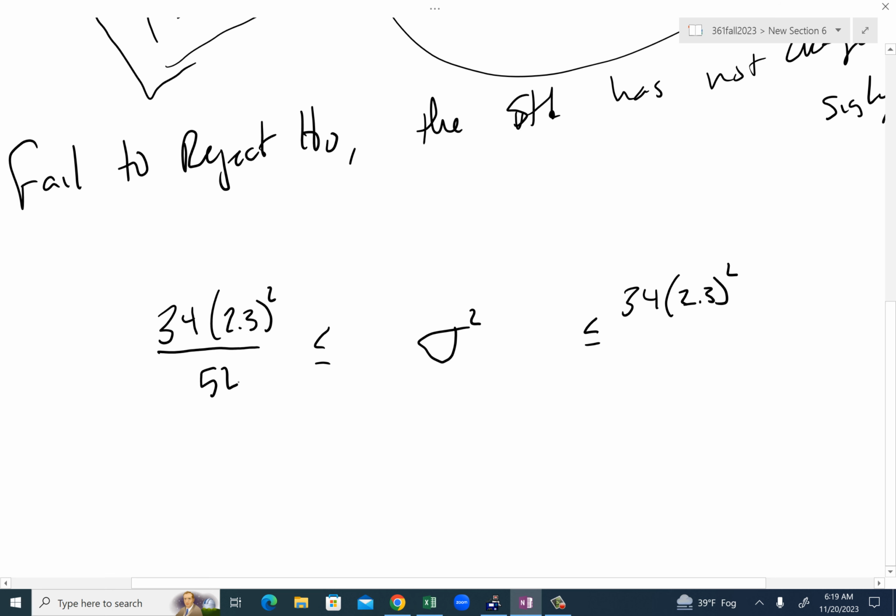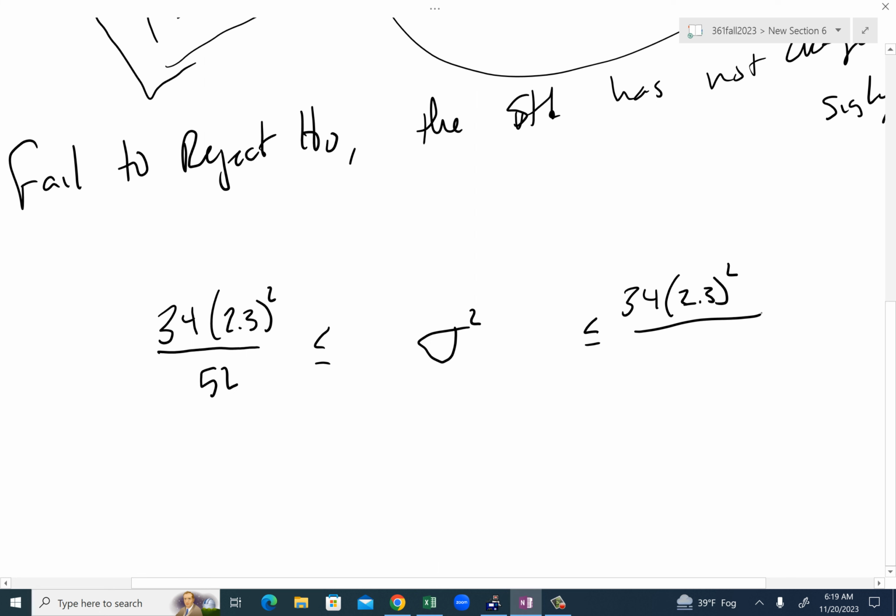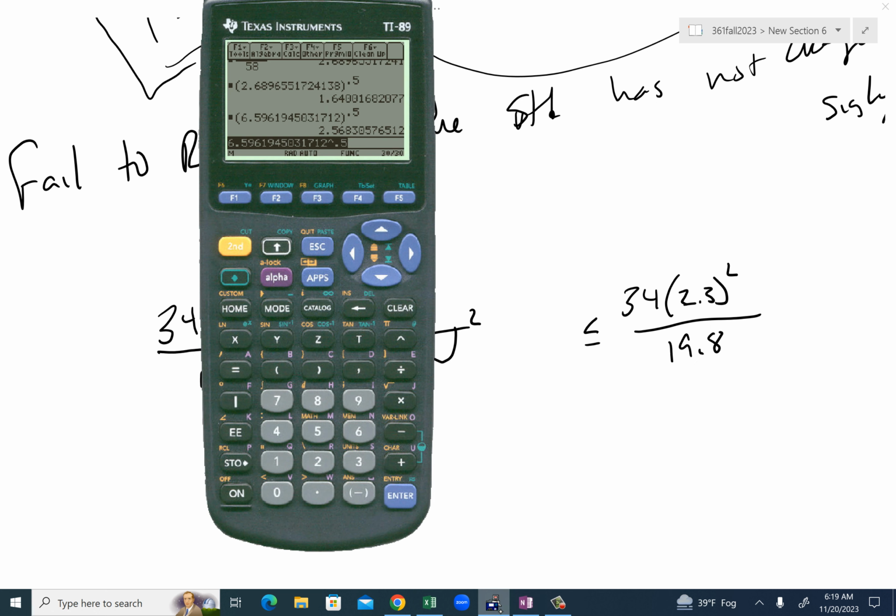And then on the other end of it, put a 0.025, 19.8. So if I divide them out, .08 on the top end.